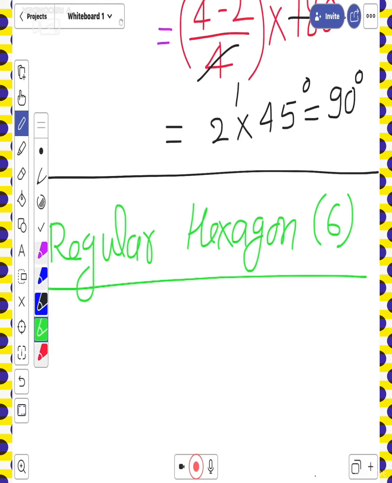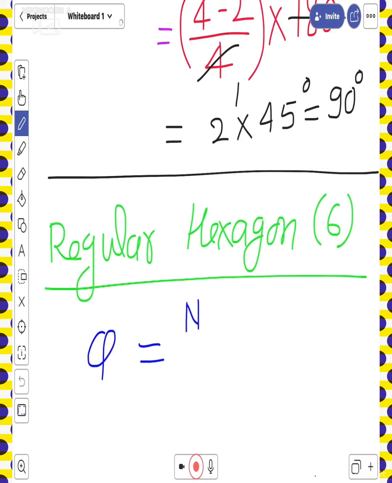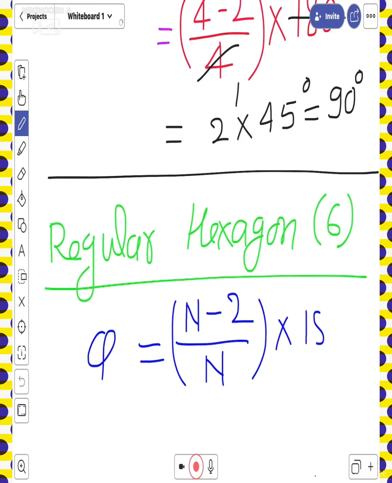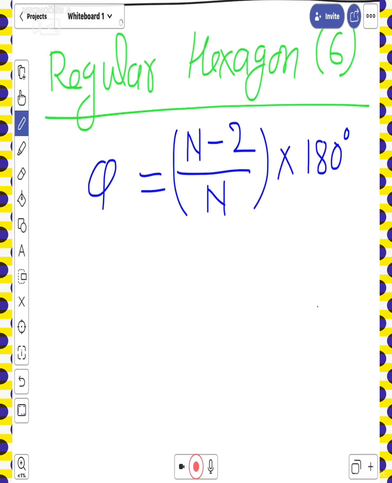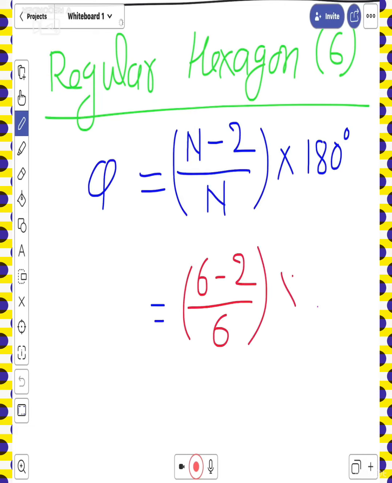The formula is the same: theta equals (n minus 2) divided by n into 180 degrees. So each angle of a regular hexagon is (6 minus 2) divided by 6 into 180 degrees.